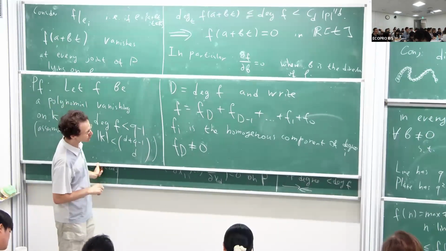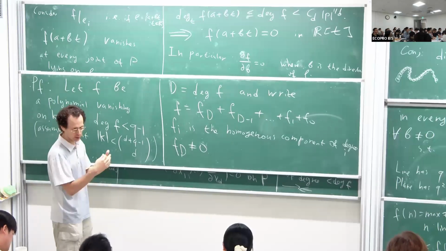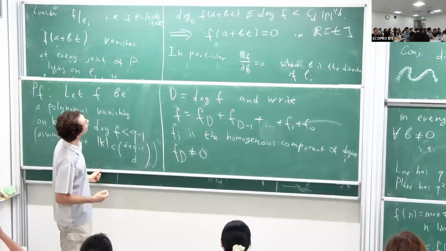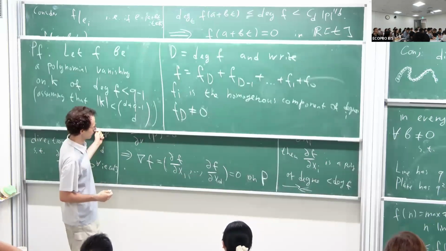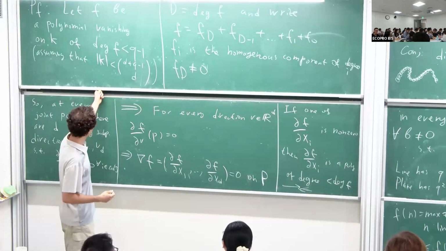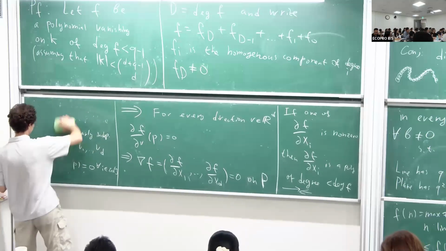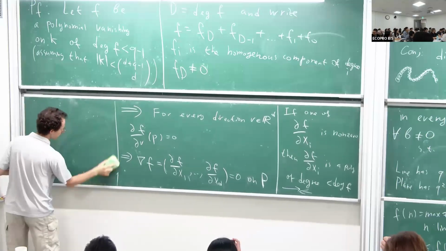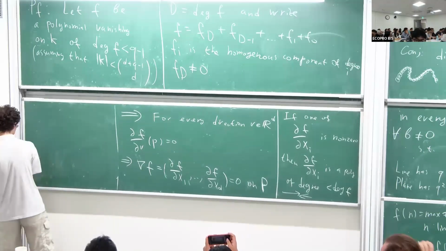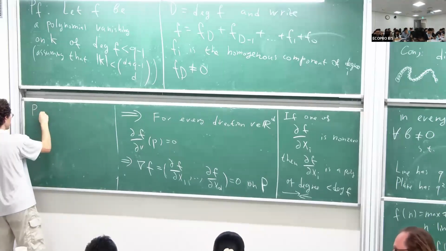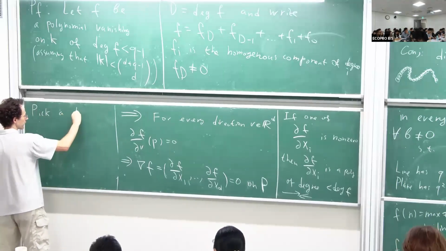Now I'm going to use my assumption that there is a line in every direction. So pick a direction.